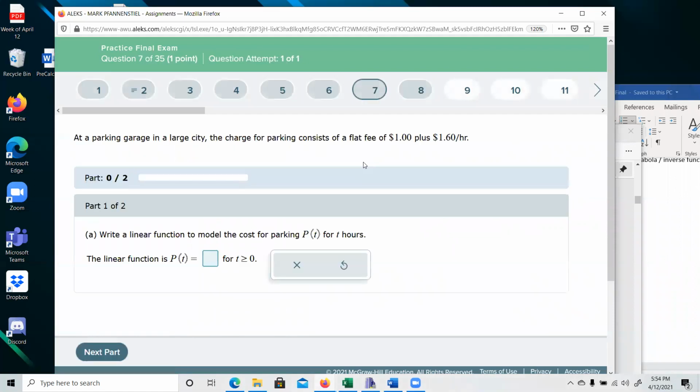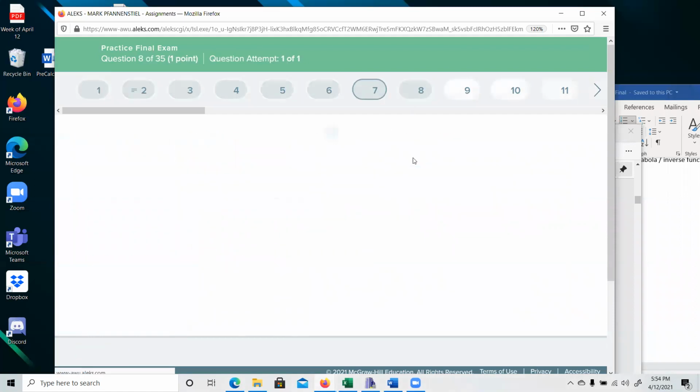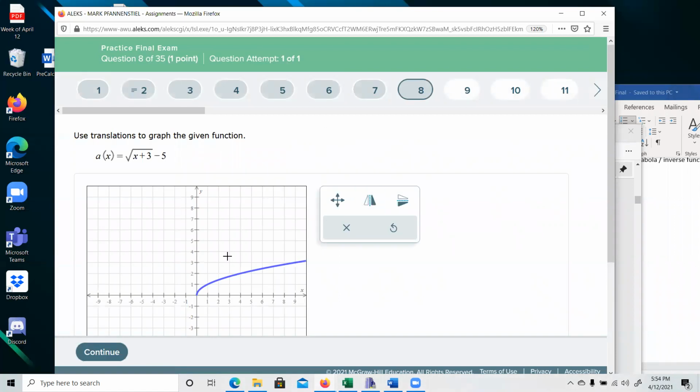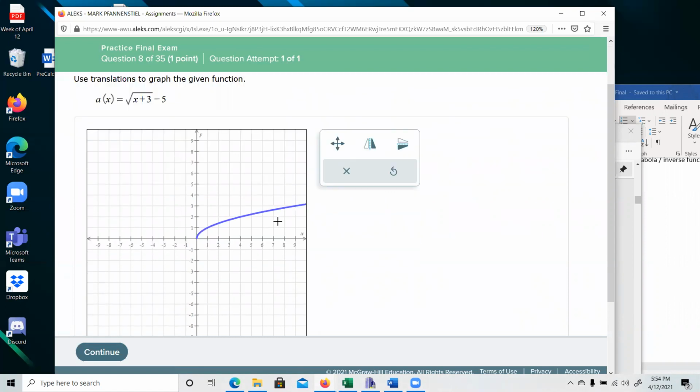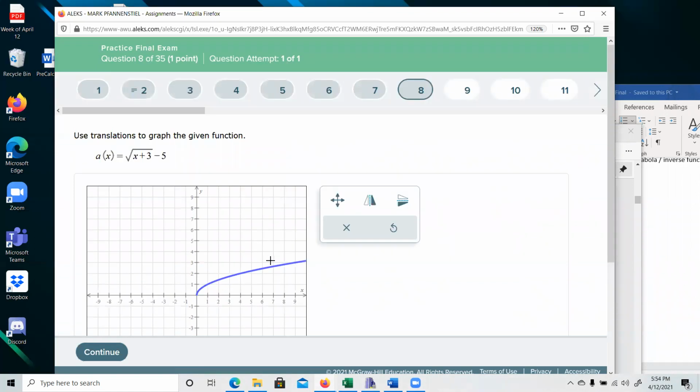Oh, this is one thing I do really miss, the way that you can do this on Connect that you can't do on paper. So here's my square root function. What's the 3 and the 5 doing? Well, the 5 is a vertical shift, right?